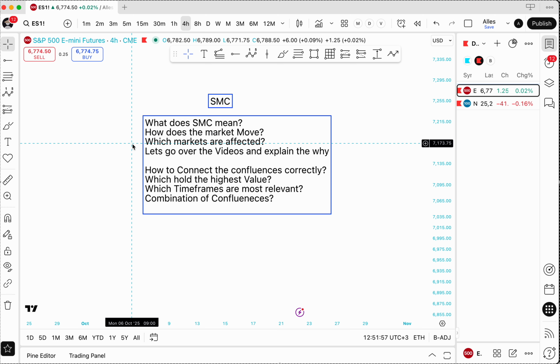And which markets are affected? This is pretty easy, because the answer is every market. Indexes, gold, silver, crypto, even the coffee stock, yeah, the wheat stock, everything moves because of this. Every market moves because of imbalances and liquidity. There's nothing more.